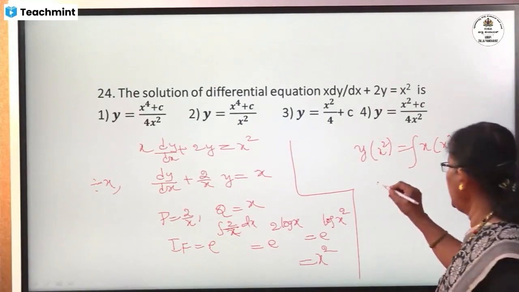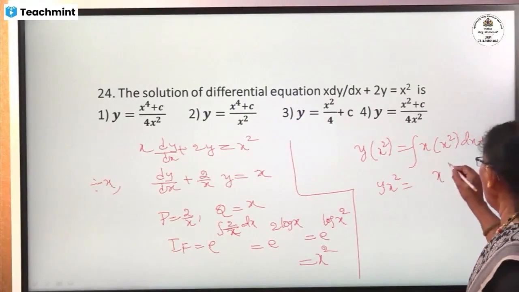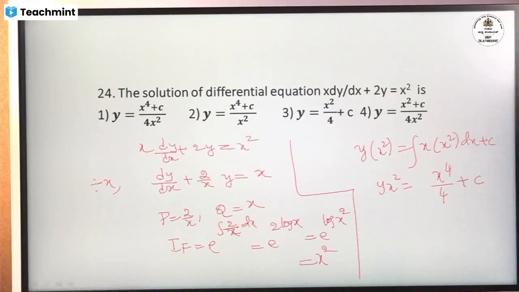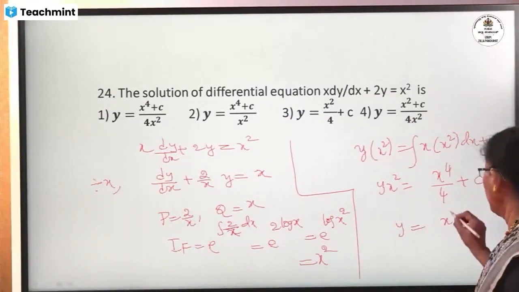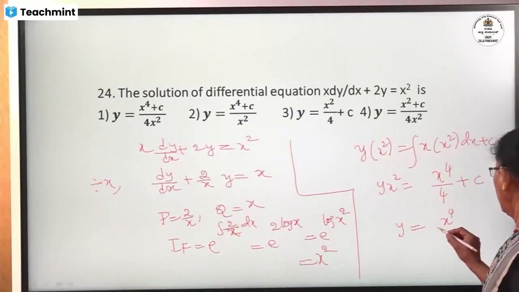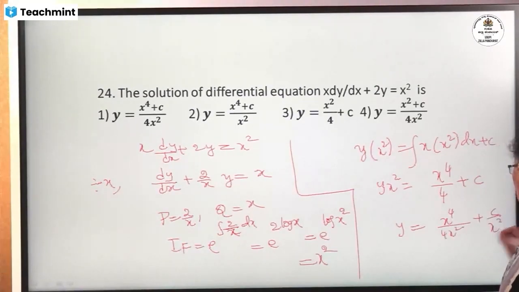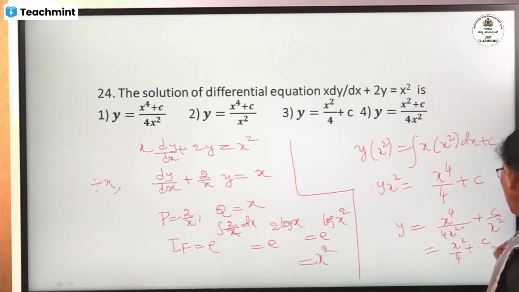So this is yx squared equal to x cube, integral is x power 4. So divide by x squared, you get x power 4 by 4x squared plus c by x squared. So it is x squared by 4 plus c by x squared, that you can check, it is not there.